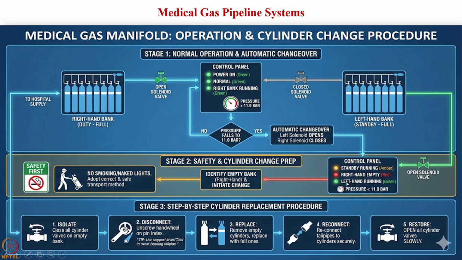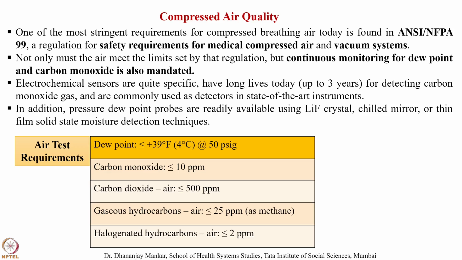Stage 3 emphasizes the step-by-step cylinder replacement procedure, which is highlighted as first isolate, then disconnect, replace, reconnect and restore, which is very important to understand the emphasis of the medical gas pipeline system and how you need to work on the operational part of this.